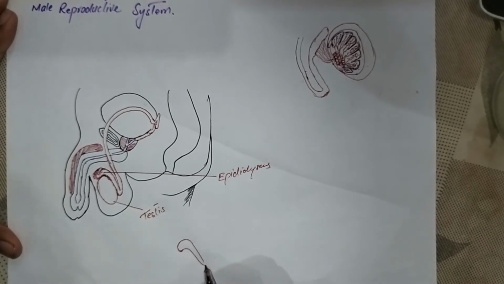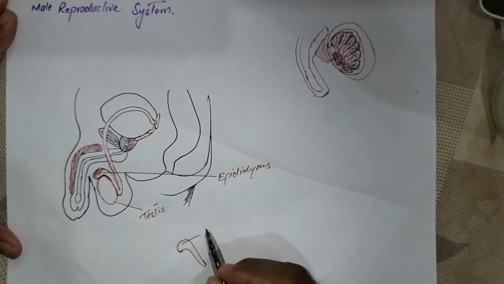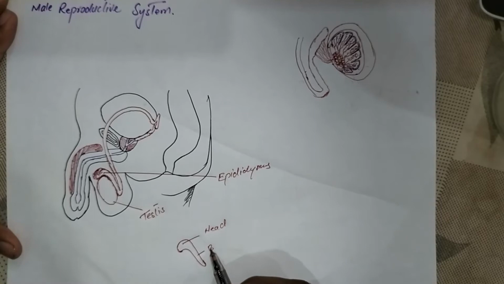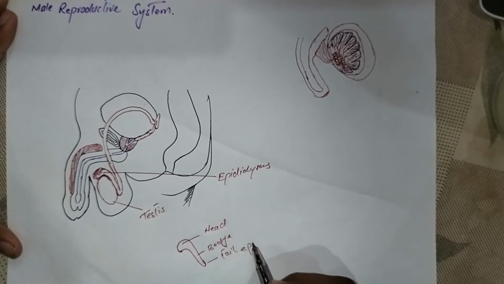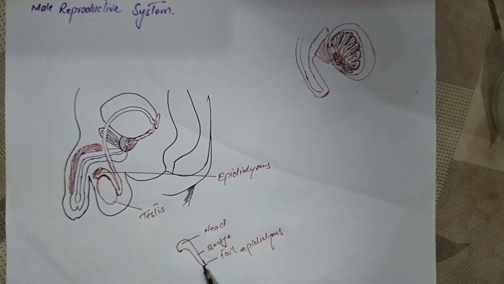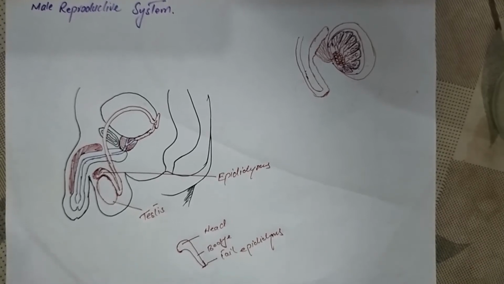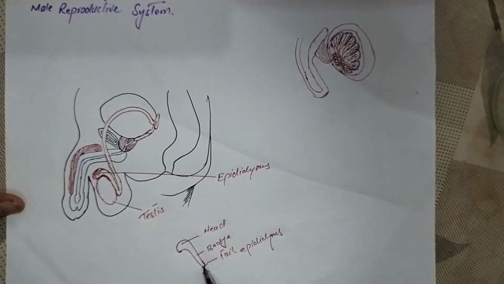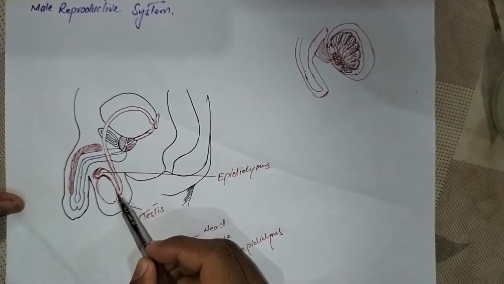We label it: it consists of the head, body, and tail of the epididymis. From the tail, the vas deferens starts, and it has a thickened wall from here.